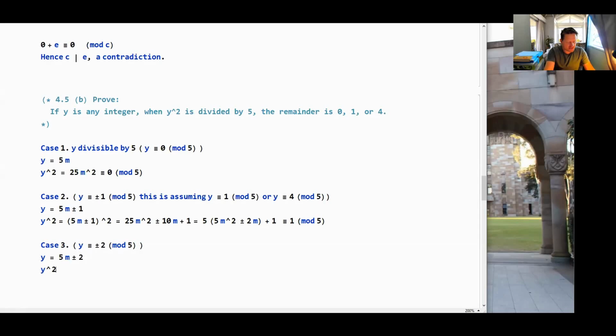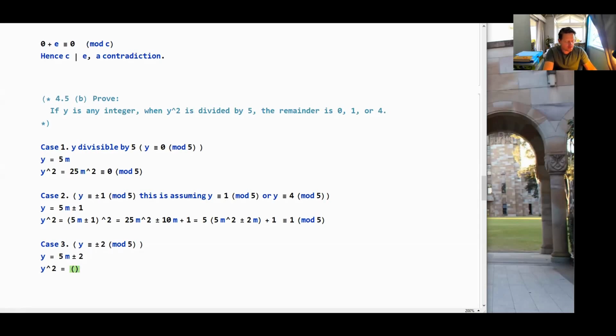So we have y squared is equal to the square of 5m plus or minus 2. Okay, and we expand that, and we have 25m squared plus or minus 5m times 2 again, so that will be 20m, and then plus or minus 2 squared is 4.